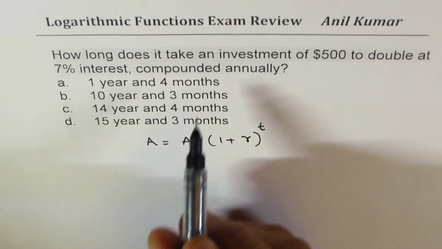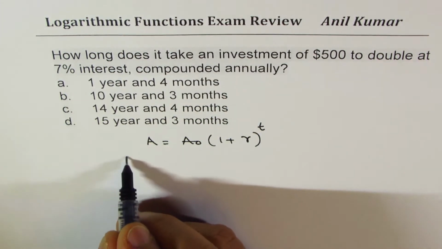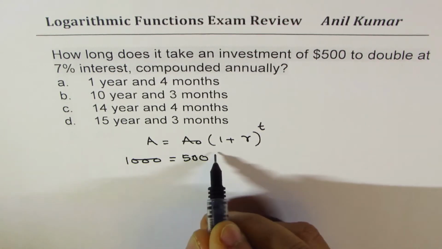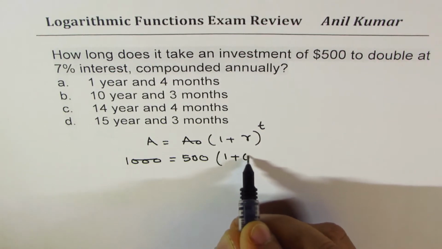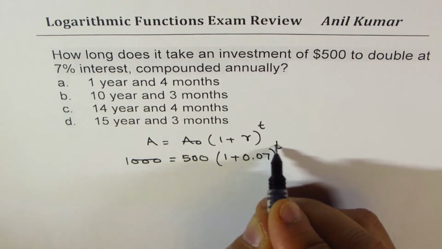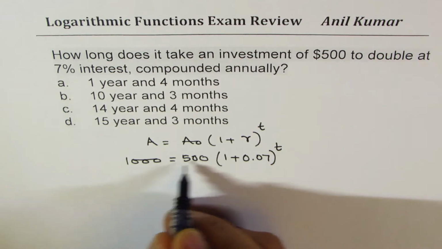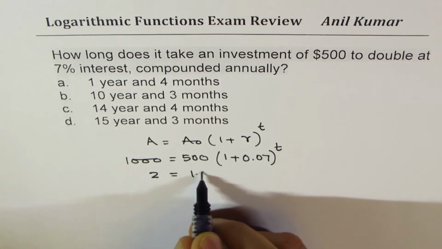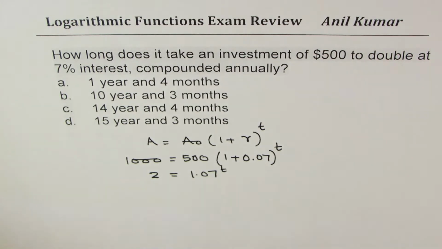Substituting the values, doubling means A becomes 1000, 2 times 500 you could write, and then we get 1 plus 0.07, right, to the power t. Dividing 1000 by 500 gives us 2 equals 1.07 to the power of t, correct?